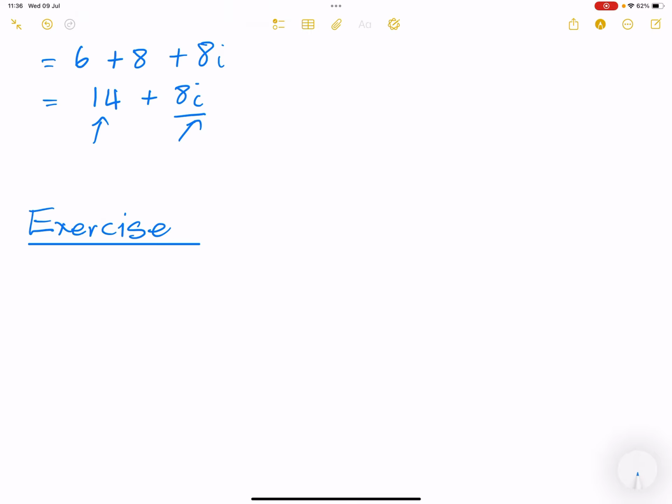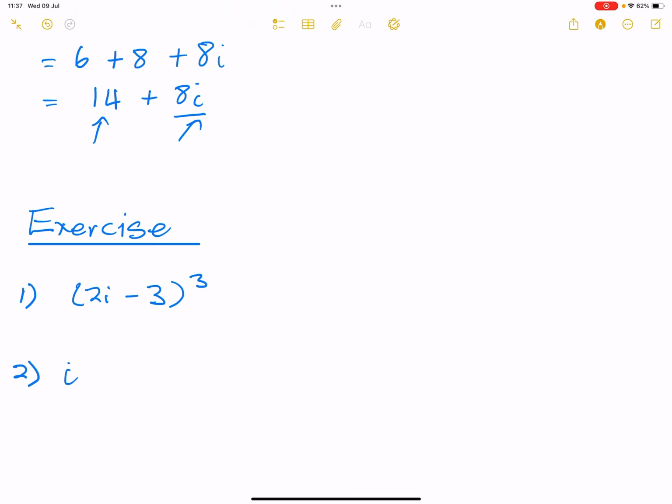All right, so for our exercise, the first one, okay, I'm going to take, right, so that's (2i minus 3) squared cubed. Let's open it up a bit.